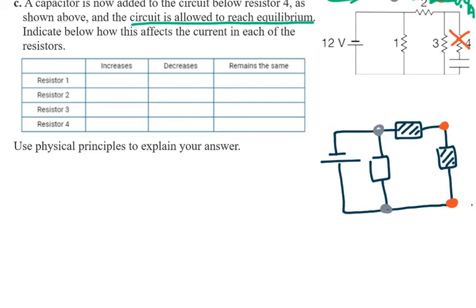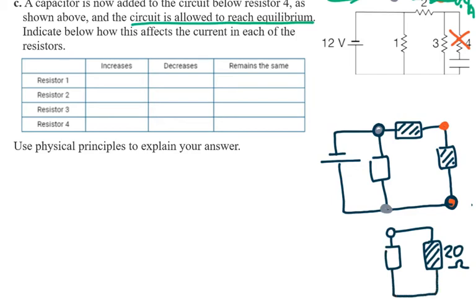My resistance between this point and this point, they are connected in series because the same current is going to go through them. I can replace them with one resistor of 20 ohm because each is 10. And then I have the gray dot, 10 ohm resistor, and the battery.